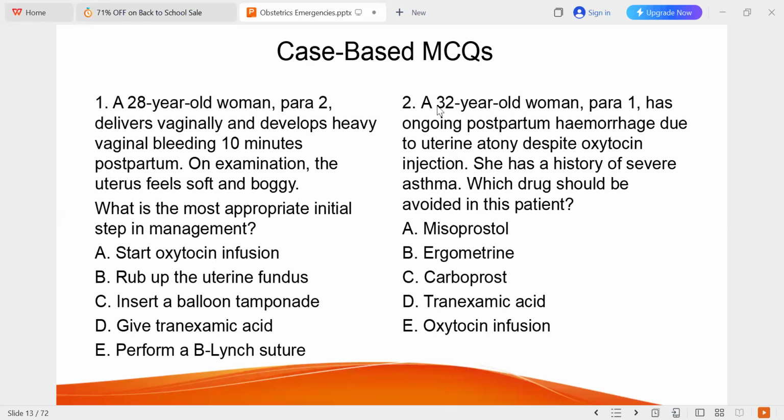Carboprost, C. Carboprost is a prostaglandin analog, isn't it? Ergometrine is not a problem. It's carboprost because it's a prostaglandin analog. So the answer is C.